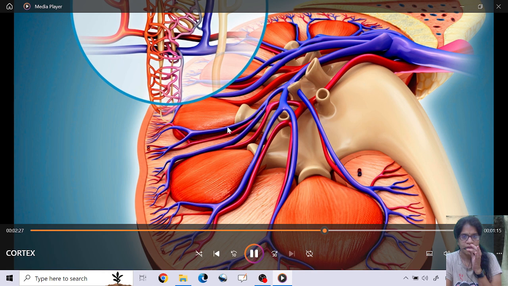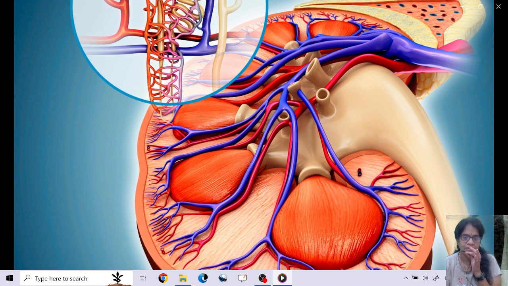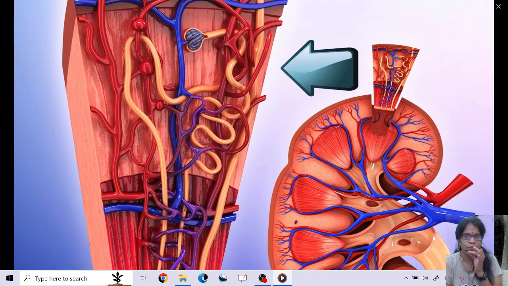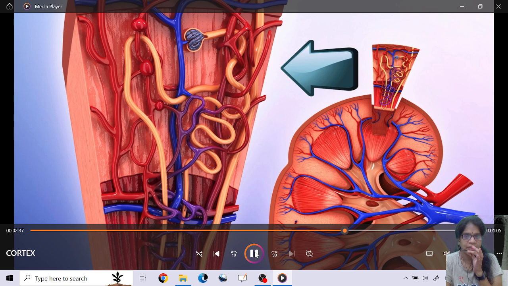This is how it looks. Calyx, pyramids, renal arteries, nephrons. See how beautifully they have given it to you. So, I told you, this is the glomerulus. These are the distal convoluted tubules. That is how it is embedded into the middle of your kidney.